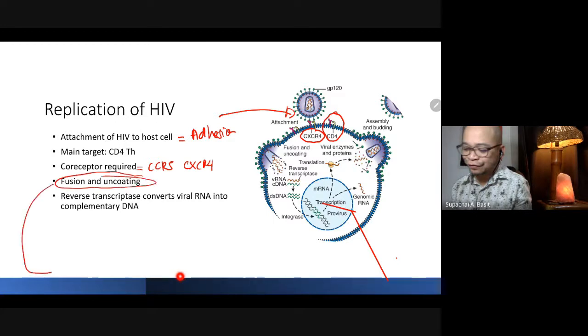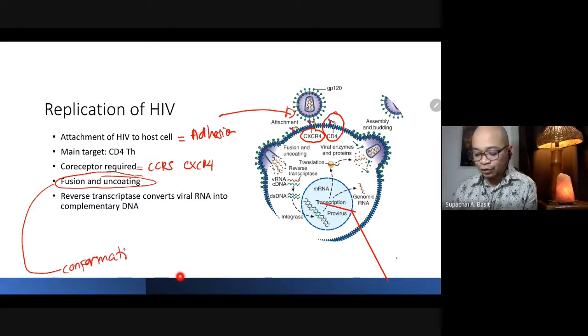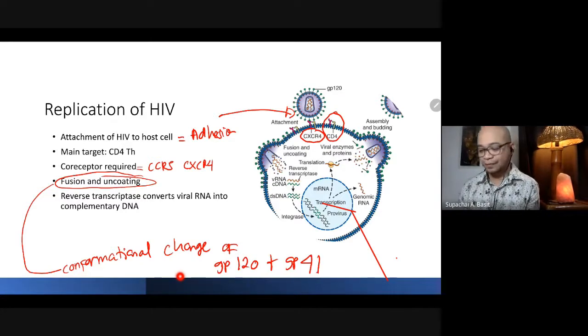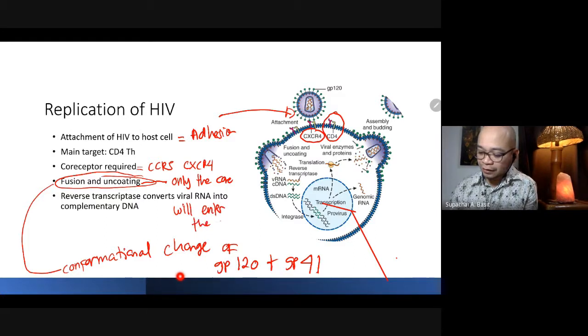In fusion and uncoating, take note, the main event that happens here is the conformational change of glycoprotein 120 and glycoprotein 41. And then there would be uncoating, meaning to say only the core will enter the host cell.